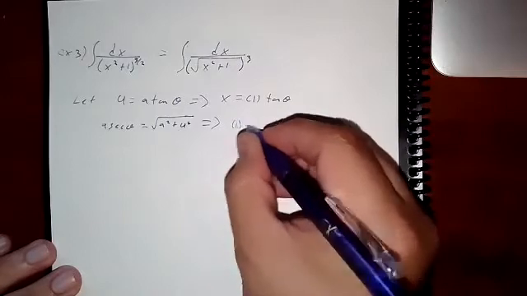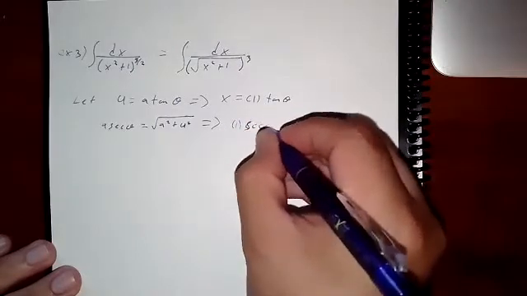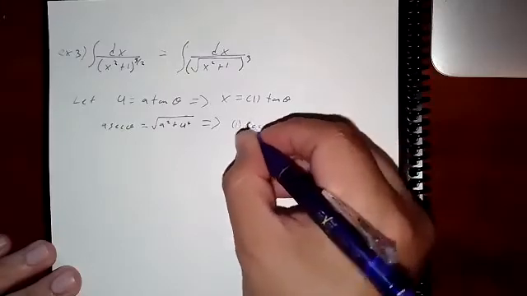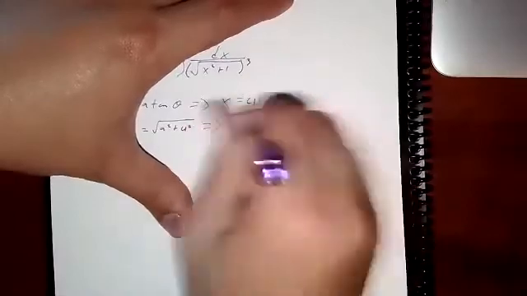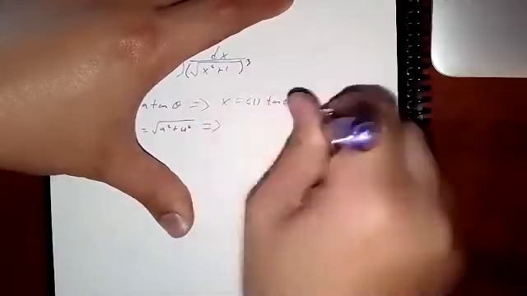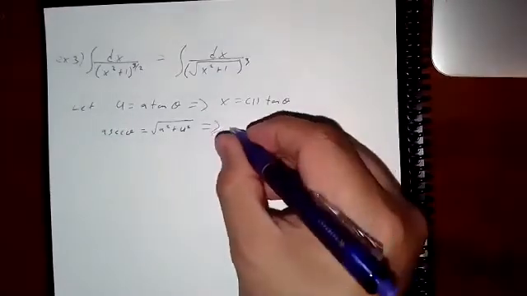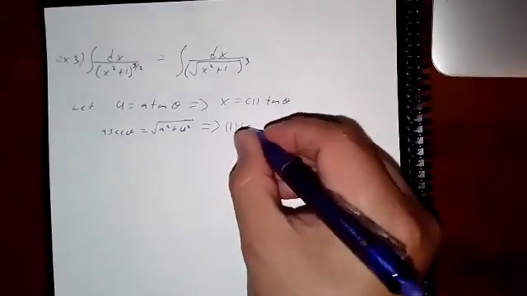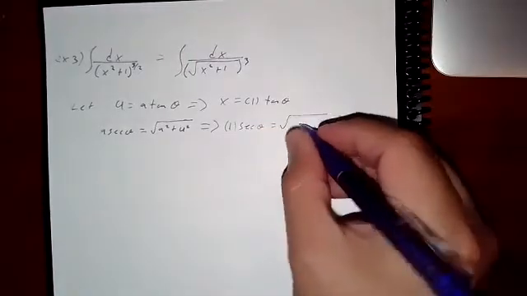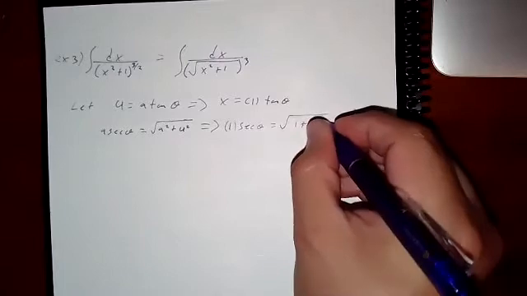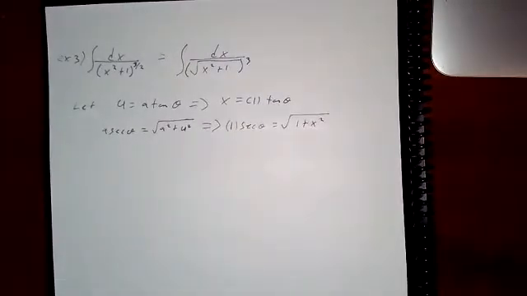Let me write that better. This would be 1 secant theta is equal to the square root of 1 plus x squared. Okay. Now I have pretty much everything I need.